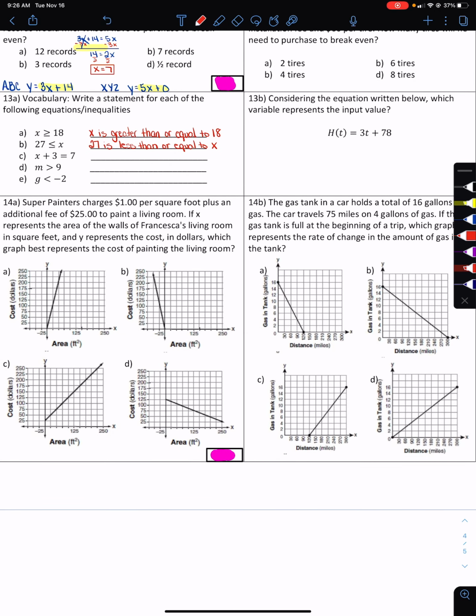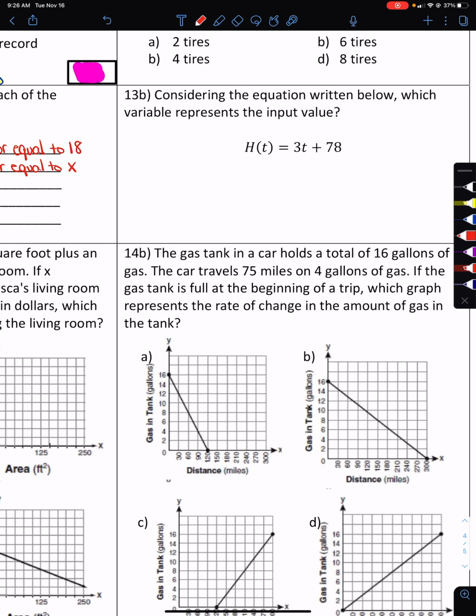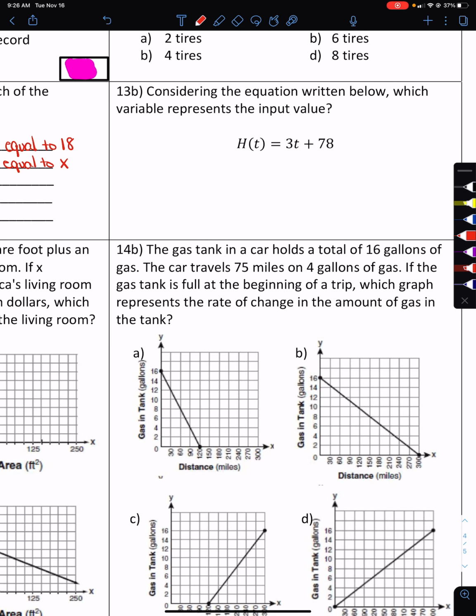On this one, consider the equation written below. Which variable represents the input? So on this one, remember that we usually think of y equals mx plus b, and y is the output. In this case, our output is still there, but in function notation, we now have it as h of t.